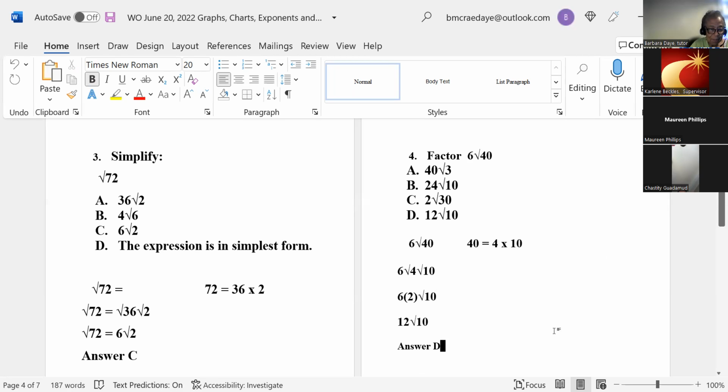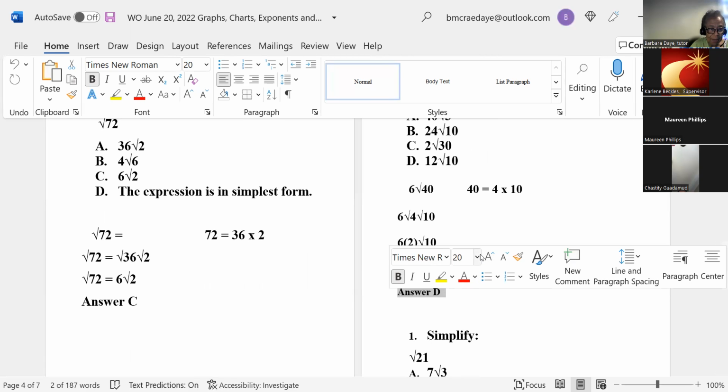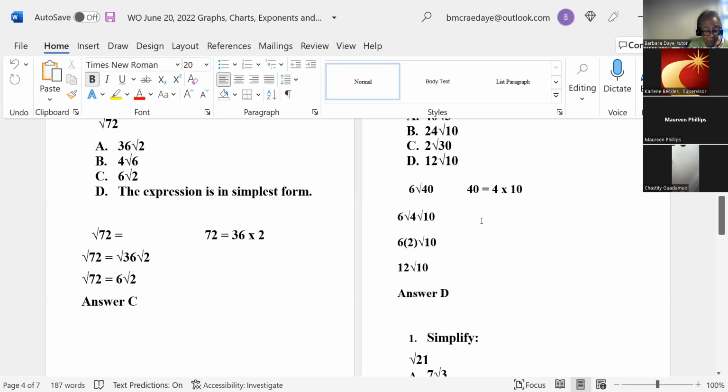Okay, very good. Now, you guessed, but sometimes you guess and it's not correct. So it's best to know how to do it. You want to factor the number into two numbers, one with a perfect square root.